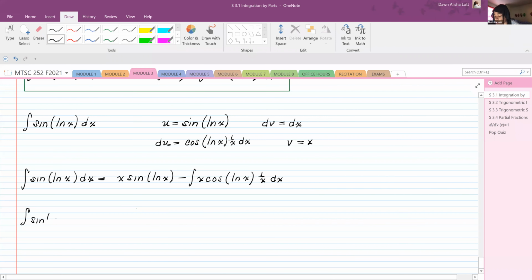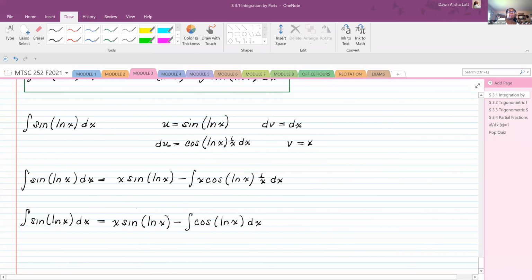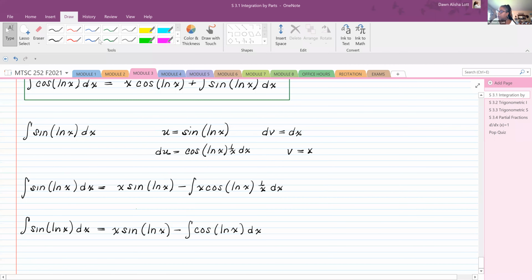And then it turns into x sine of natural log of x subtracted by the integral of cosine ln x dx. Okay, all right, there we go. That's the second one.